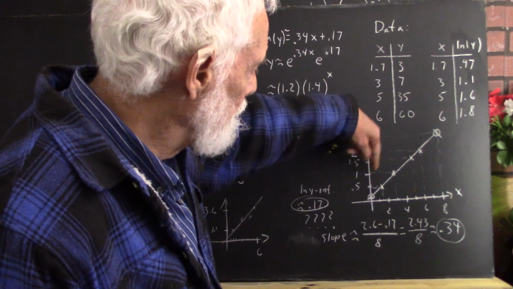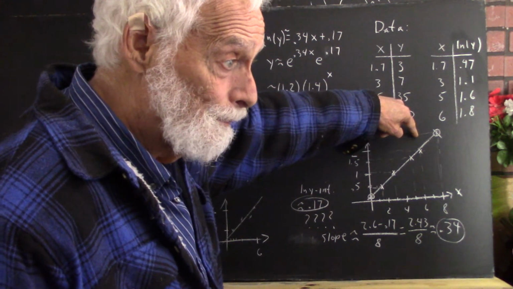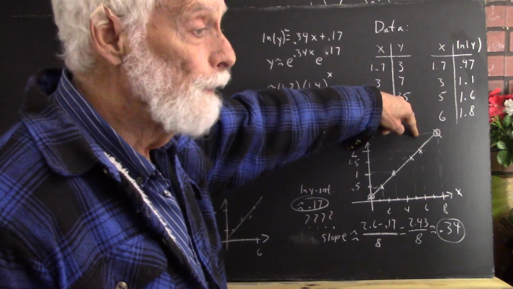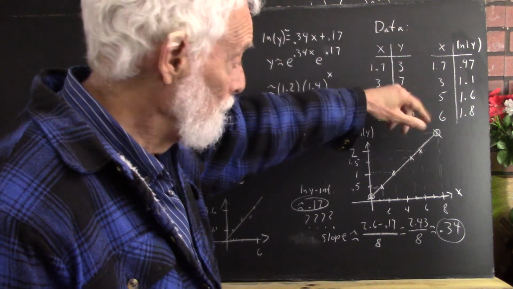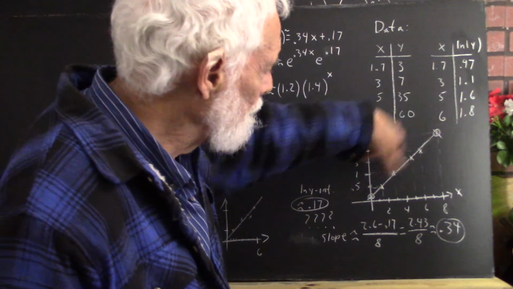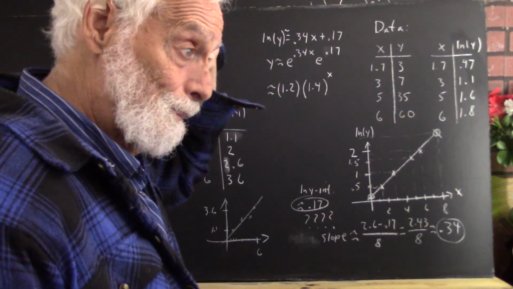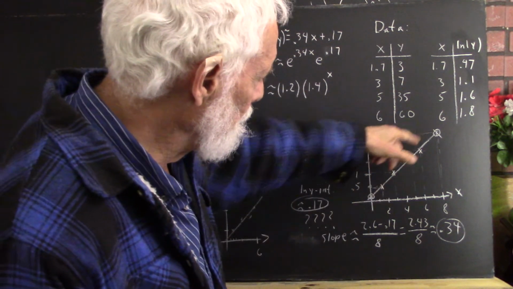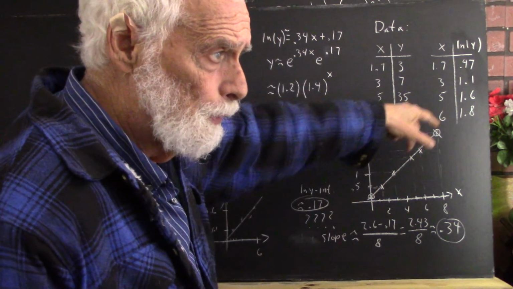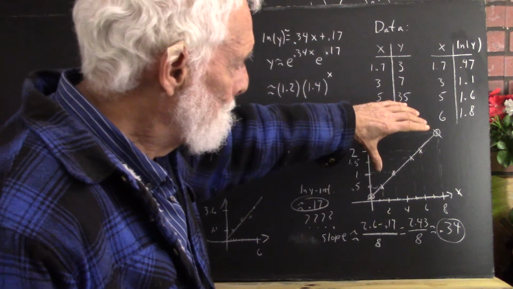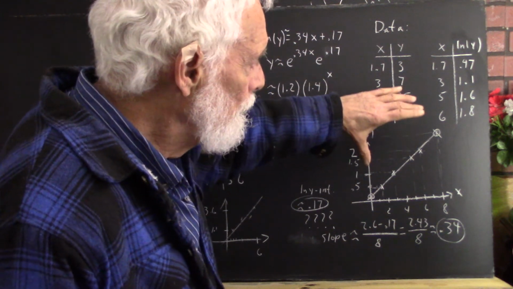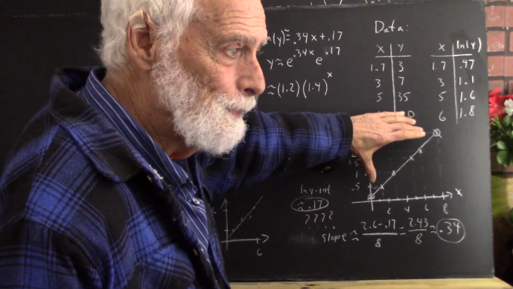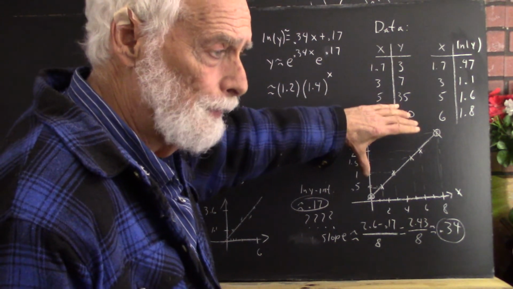Notice that this line didn't exactly go through any of the points. And the actual regression line, unless you have a perfect model, well, for real data, it can never actually go through all the points. Okay? That doesn't mean you try to avoid going through all the points, but you make your honest estimate of where this line should be, so that you get as close as possible on the average to the points.